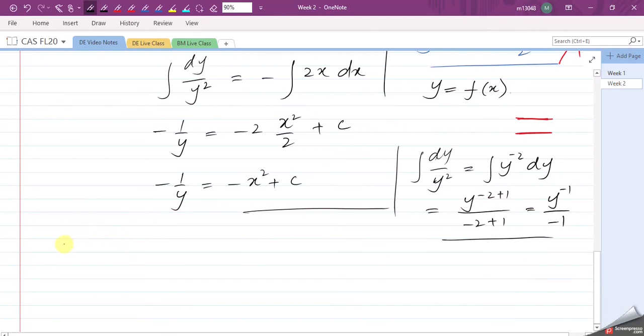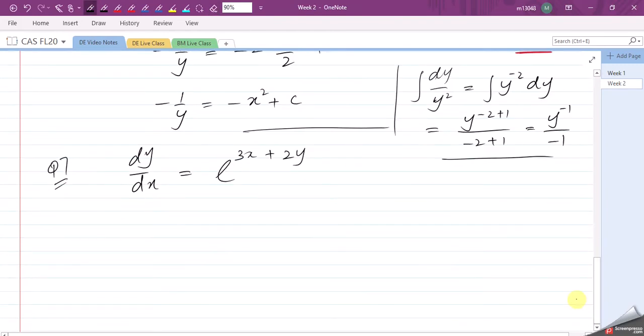Let's see our next equation, and I would ask you if you can tell me before we start the solution. All right. What is your guess? Is this a separable equation or not? Can I separate x and y on both sides of equality?